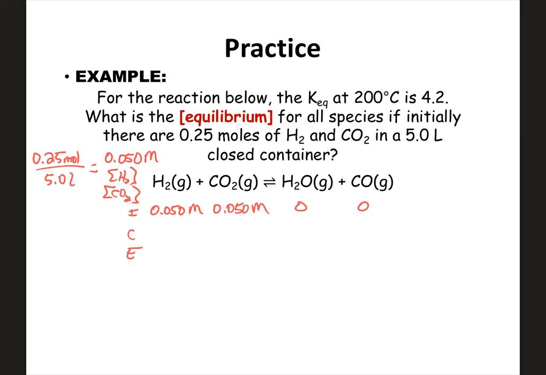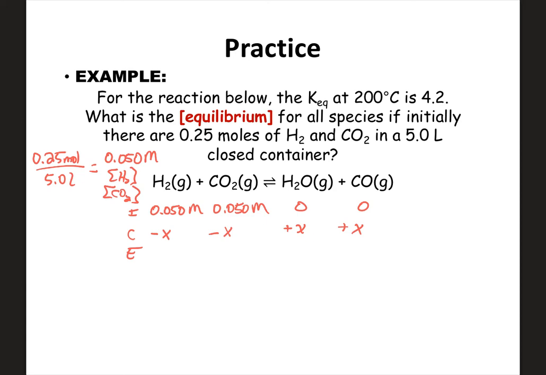So as the reactants are used up, that change is going to be negative, and the products are going to be formed, so their change is going to be positive here. I said we don't know any of the concentrations at equilibrium, so we're going to have to use X. It's all one-to-one here, so this makes it really easy. The reactants are going to lose some value of X, and then the products are each going to gain some value of X because we're forming products.